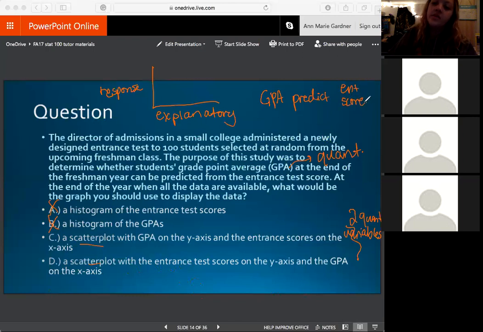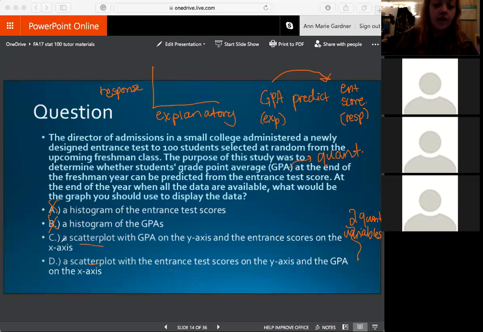If you ever see predict, you can always assume that this is going to be explanatory first and then response, because we're seeing if this first one explains our second one. So you want to see the relationship between the two, and then you want the response on the y-axis.